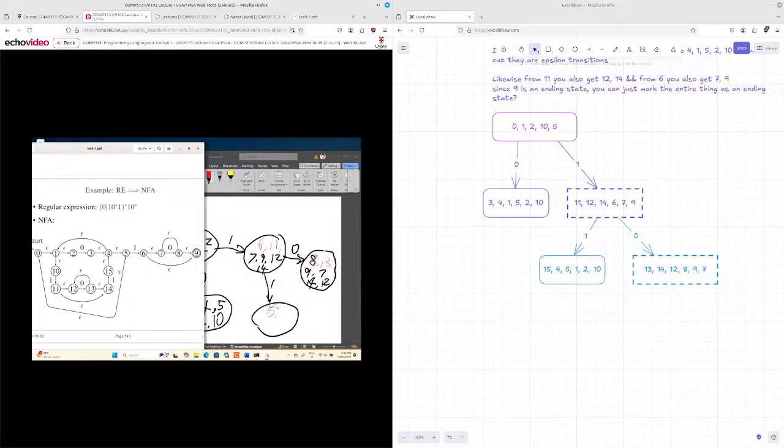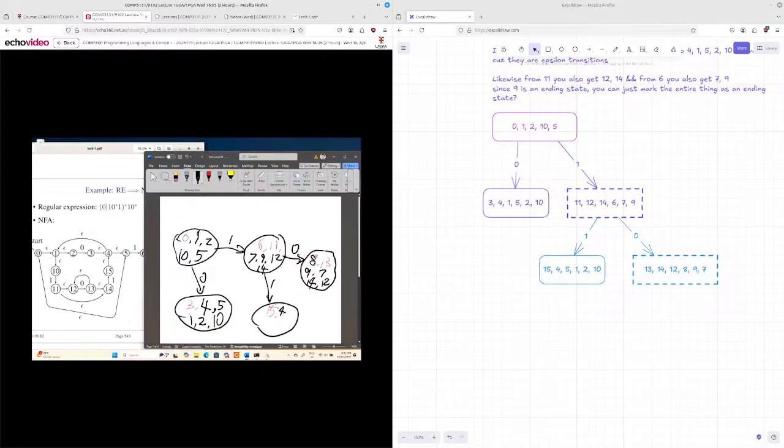So if the machine is at 15, we can add all the states again that we can reach through epsilon transitions. So just look at this graph. We've got 4.